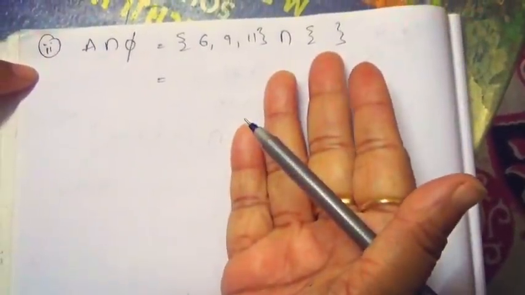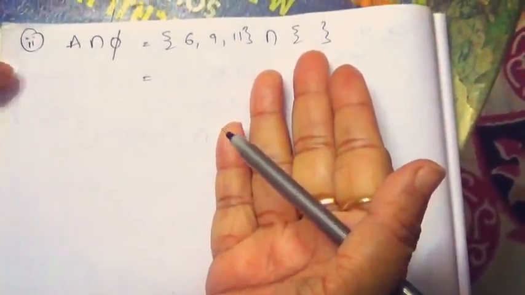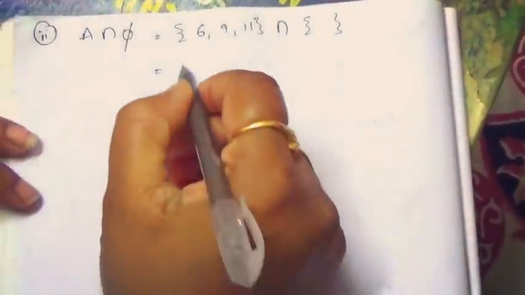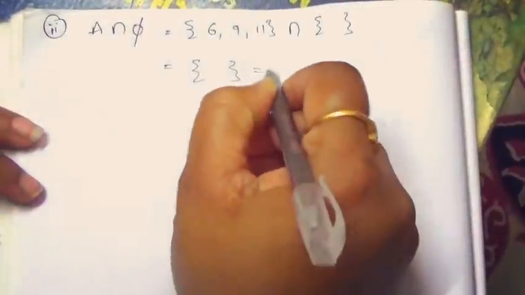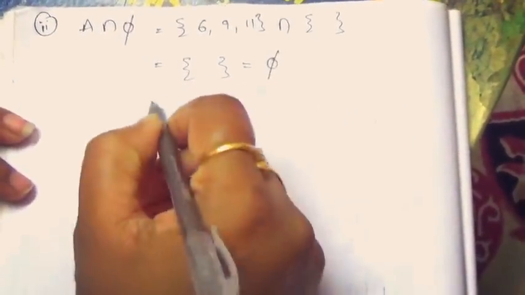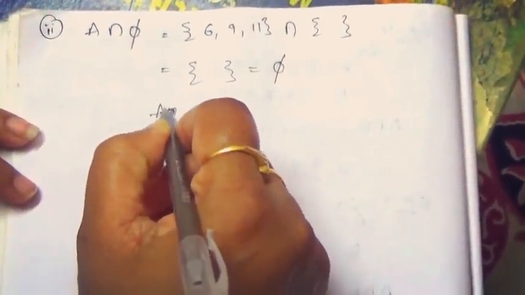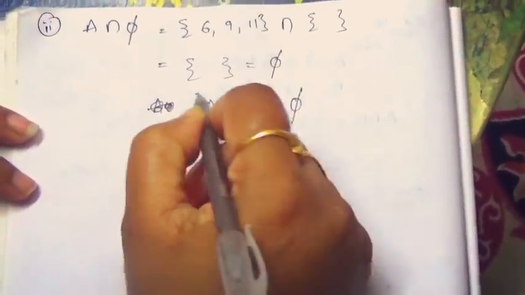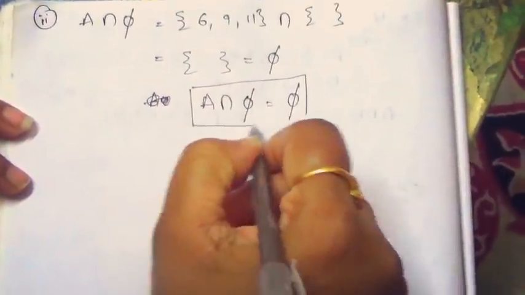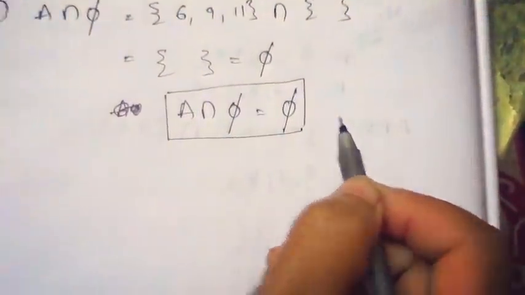There are no elements in this empty set. Hence there are no common elements. So the final answer you will get is the empty set, that is phi. So here we get another formula, that is A intersection phi is equal to phi. It is one of the formulas, right?